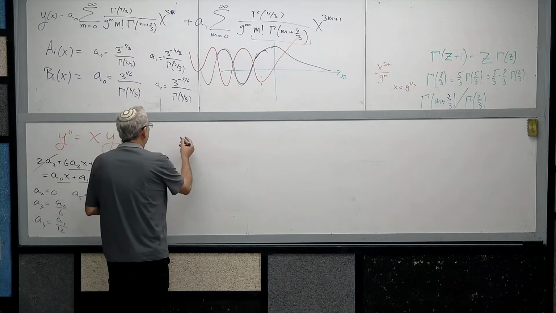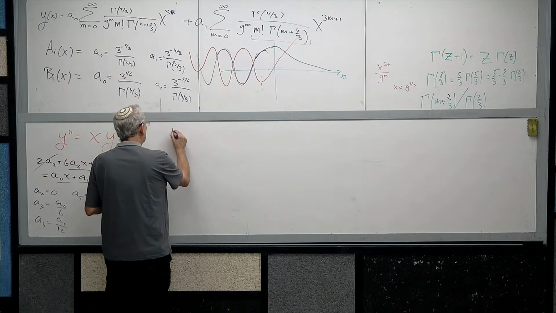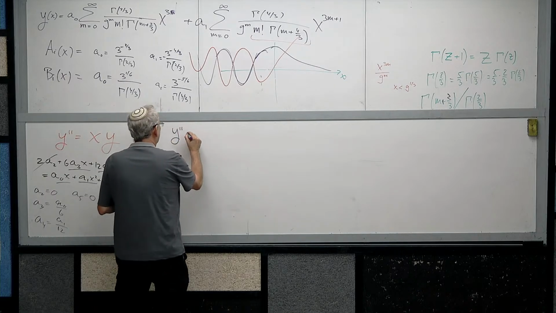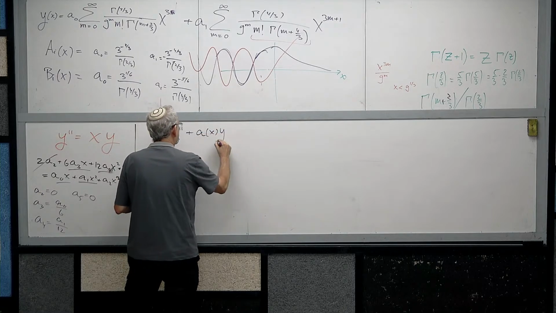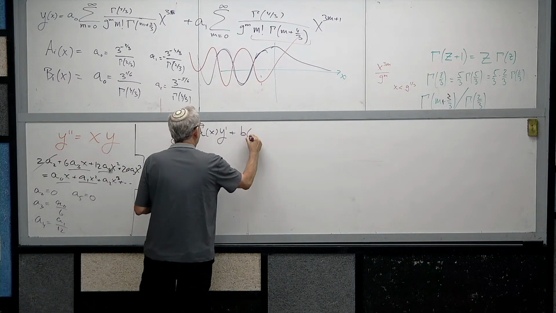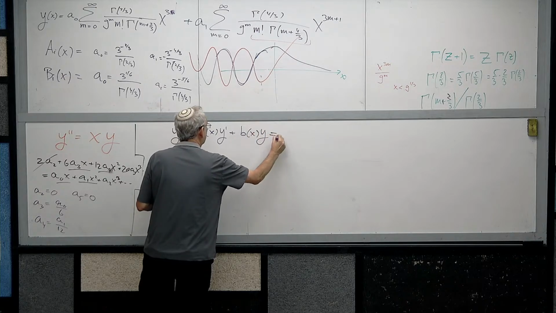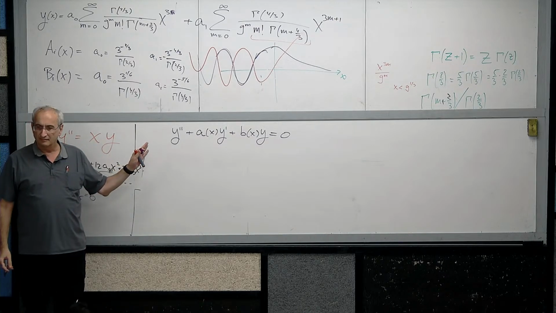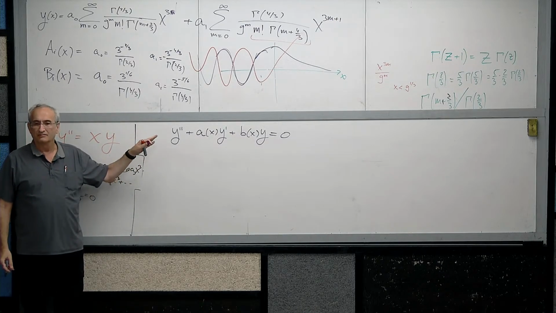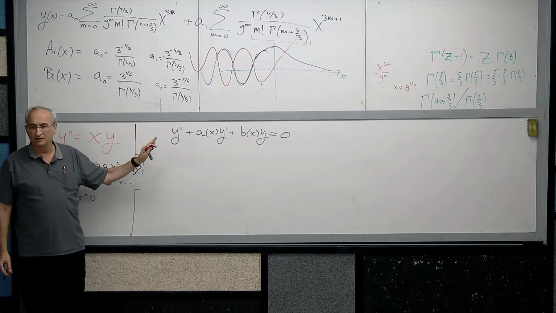So the most generic second order differential equation has the form y double prime plus a of x y prime plus b of x y equals 0. I'm thinking about homogeneous equations, but actually it's okay. The inhomogeneity we will consider later on, but it's not a big problem.